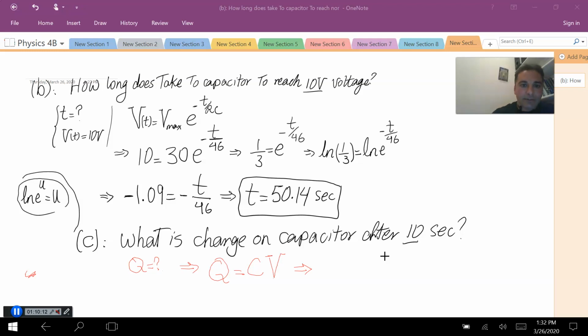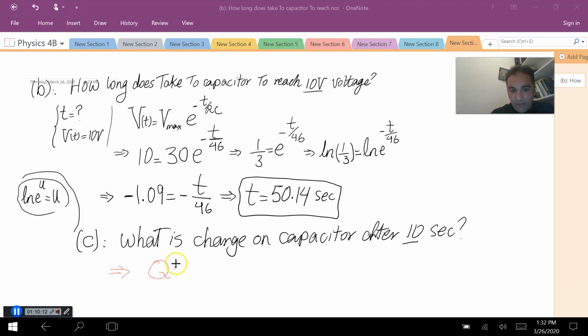Okay, let's do that one. I'll figure it out later. So we have to use what is charge on capacitor after 10 seconds.